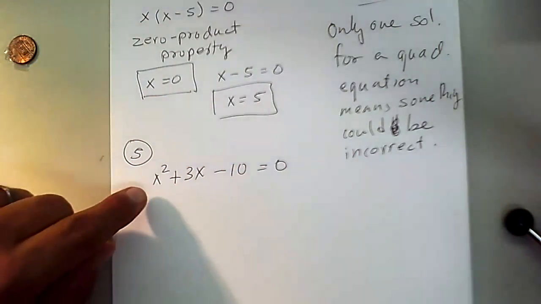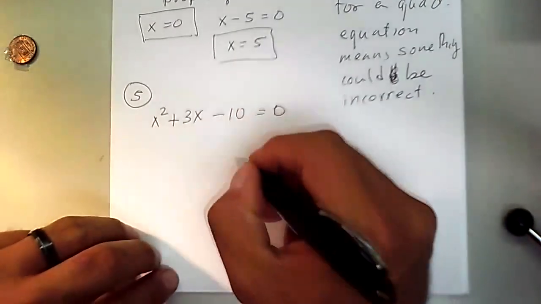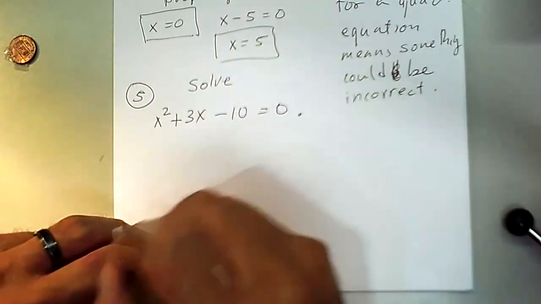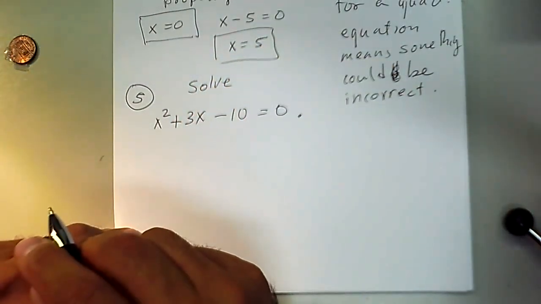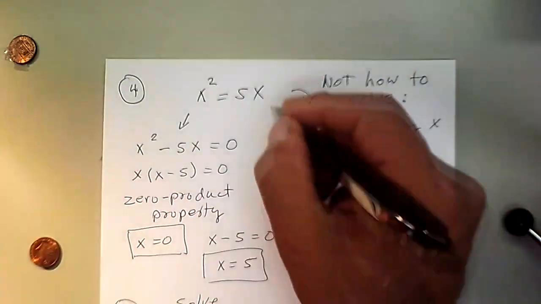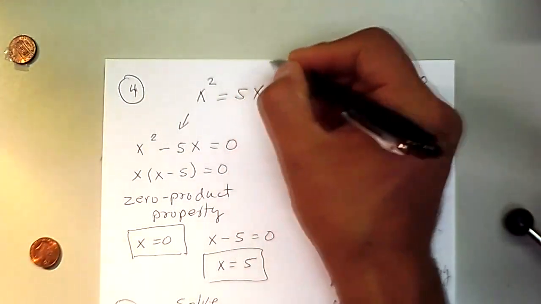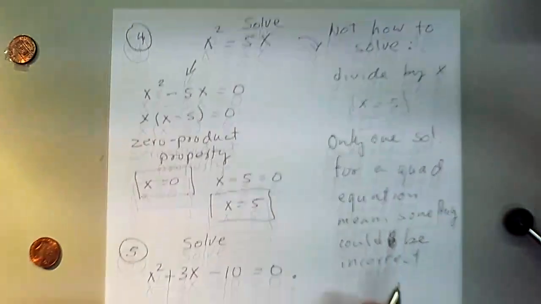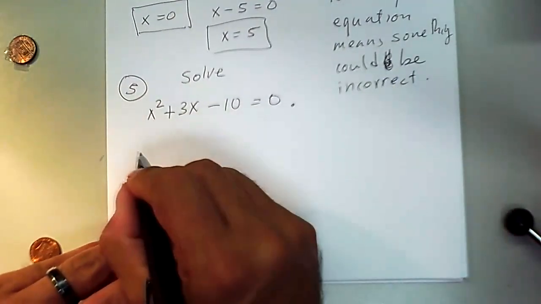Okay, and we want to solve this quadratic equation. I did not write down in example 4 to solve, but I'm going to put it down now. Solve this quadratic equation. All right.